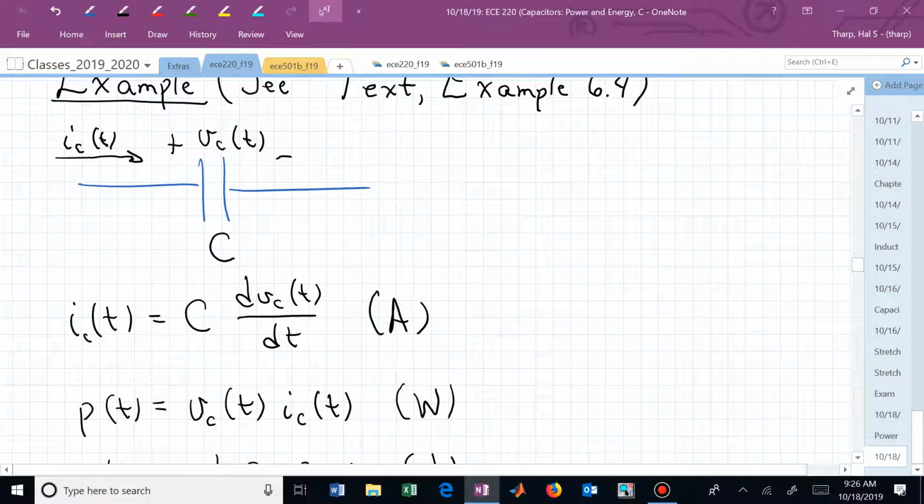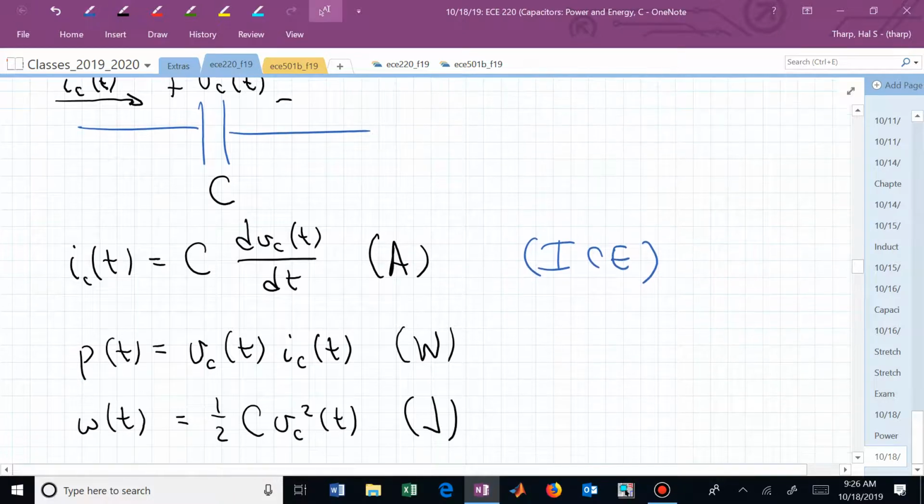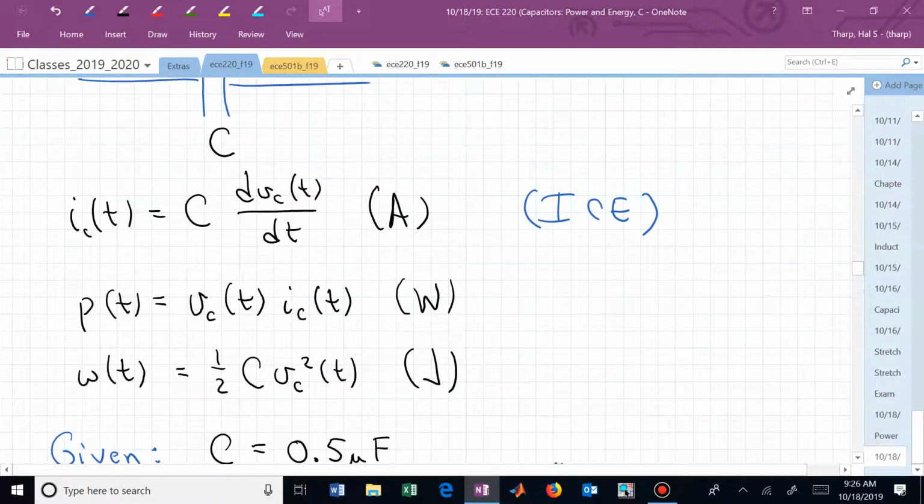We know the current voltage relationship, that's ICE. We know power is voltage times current, and energy in joules we can find if we know the voltage. That's just 1/2 C voltage squared at a given time.